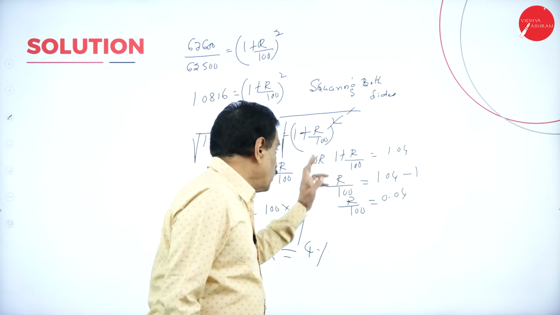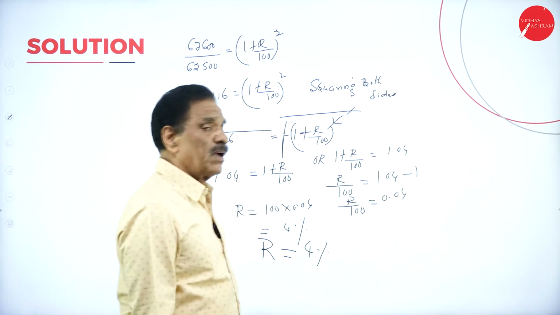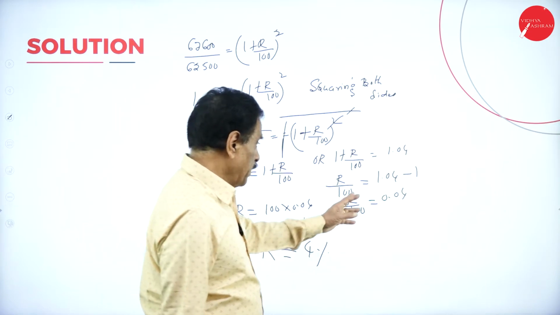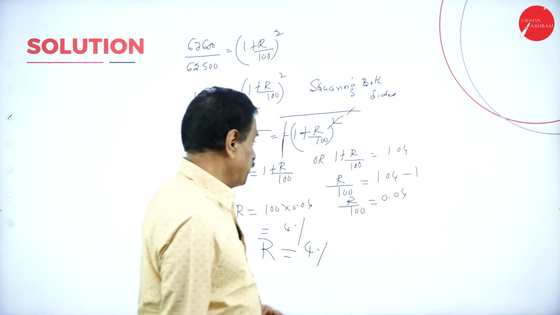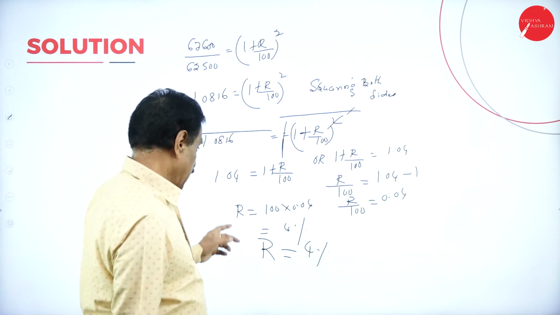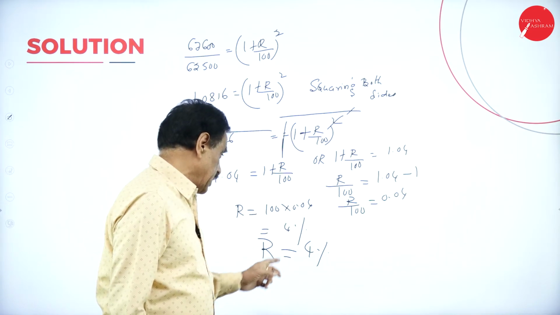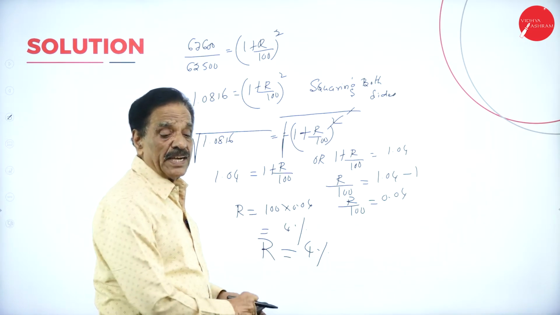You take 1 to the other side, so R over 100 is equal to 1.04 minus 1, which is 0.04. By cross multiplying, R is equal to 100 into 0.04, which is 4%.